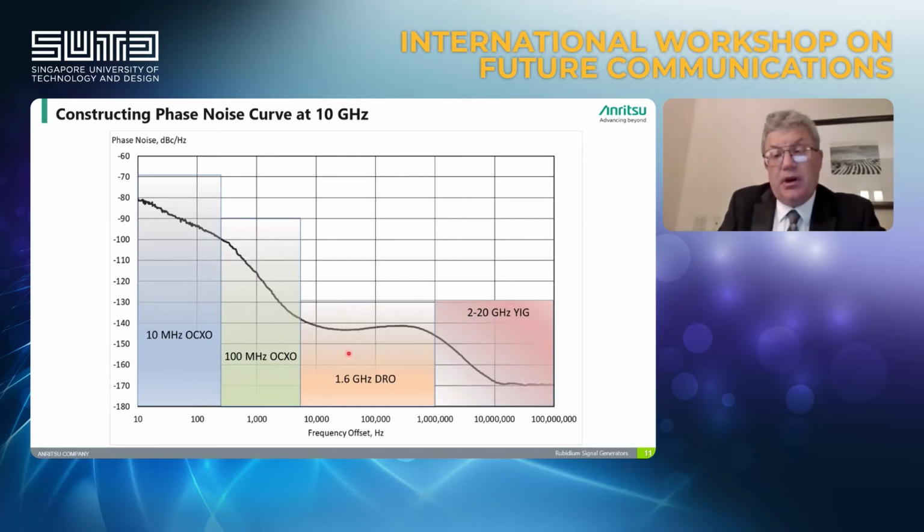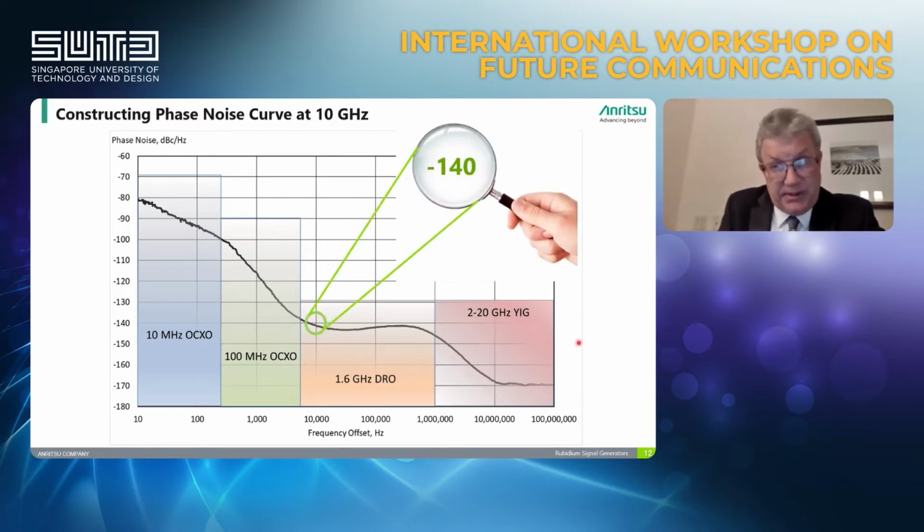This region is provided by the 1.6 gigahertz DRO, which has better phase noise in this specific region. And above that, we can see phase noise of the YIG oscillator. So the combination of these different reference sources allows us to squeeze every drop of phase noise and provide the lowest possible phase noise profile at any given frequency offset.